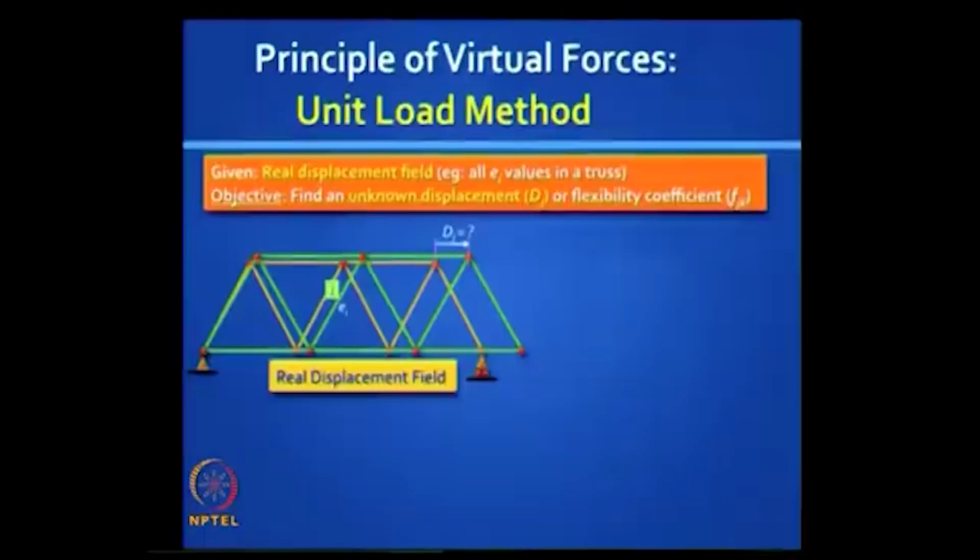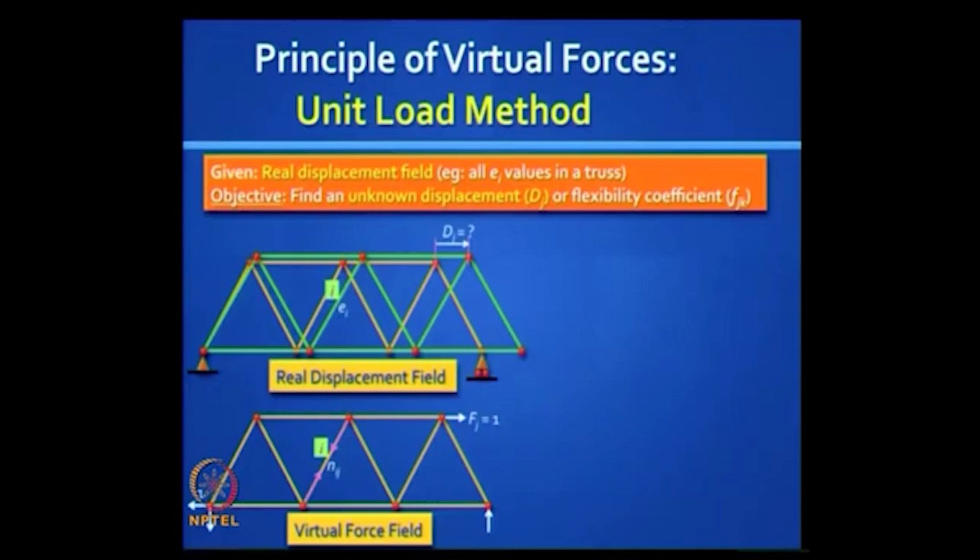Now let us apply this principle. You are familiar with the unit load method, and let us use it first for finding an unknown displacement. What we traditionally do is apply a unit force in the direction and at the location where we want to find the displacement.